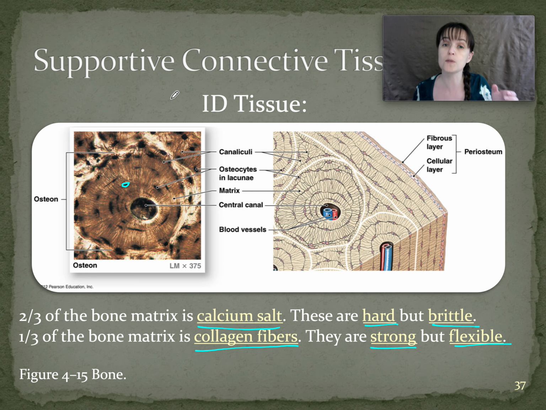Now, once you've pulled the grape out, then you can see the space where the grape was. That's how osteocytes in lacunae are. You would have to pull the osteocyte out to see the space that it's in, because the space is the size of the cell.